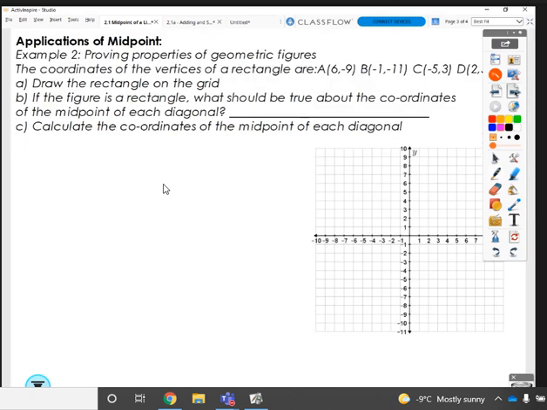Okay. Proving properties of geometric figures. So here's a great introduction to what this unit is about. Let's say we have a rectangle. We have points A, B, C, and D. A is 6, -9. B is -1, -11.